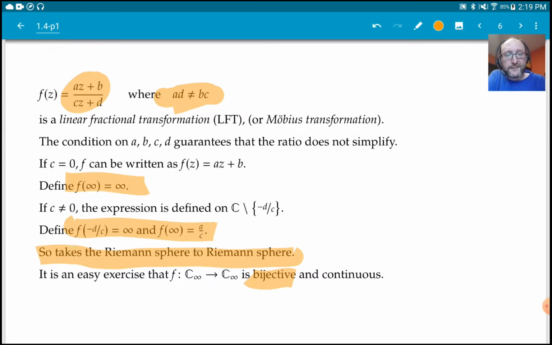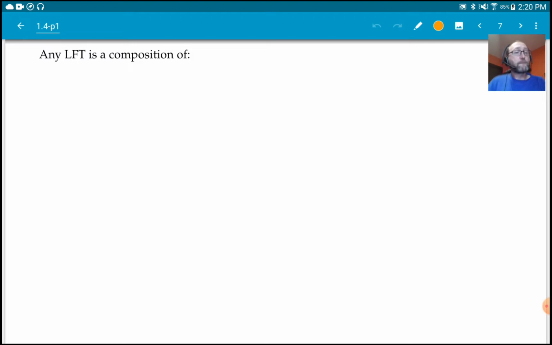And it's continuous. That's also not too hard to prove, so that's an exercise. Now, any linear fractional transformation is actually a composition of some simpler LFTs.